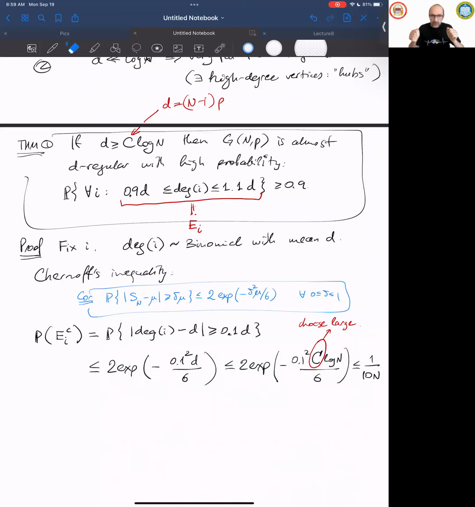Okay, so we showed that with high probability, this bad event does not happen. So the good event happens, but for a fixed degree. And now there is a second part of this proof, which is very important, and we will use it many times later. That's called the union bound, where we go from a statement about one vertex, one person on this earth, to all of them at once.